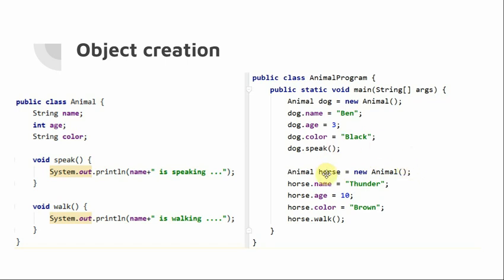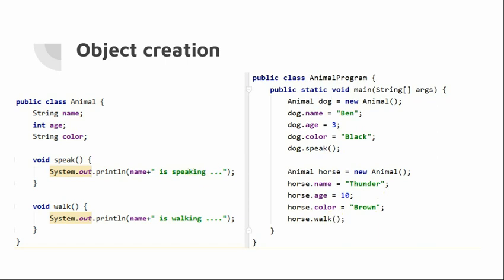So the horse will hold the reference to that memory space, and with the help of this reference we can put different values in that memory space like horse.name, age and color. So that's how we fill both memory spaces. So we now have two objects in the memory, and we have the references dog and horse to access that memory space, and then we can call different functions or behavior on it.